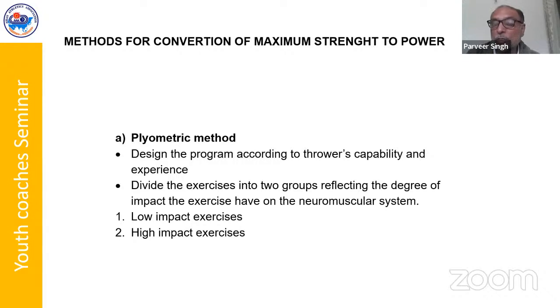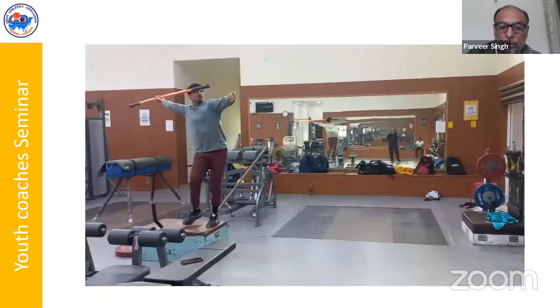But throwers, like shot putters, are very heavy, so we can start with low impact plyometrics, then gradually, according to their capacity, observe and test them, then shift over to higher plyometric exercises. This is a javelin thrower doing some specific exercise.